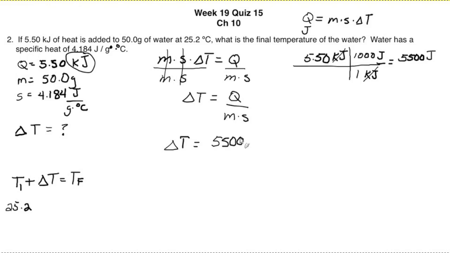Okay, so now we have delta T equals 5,500 joules divided by 50 grams times 4.184 joules per gram per degree C. And since we had 3 significant figures here, this number actually has 3 significant figures.